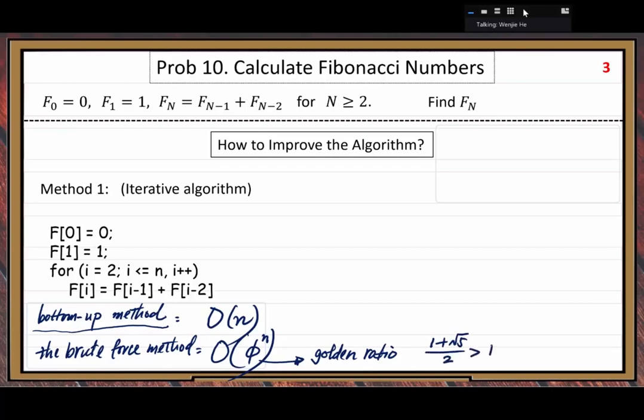It's greater than 1. So you can see how slow the brute force is. A huge difference between big O of n and big O of phi to the n.